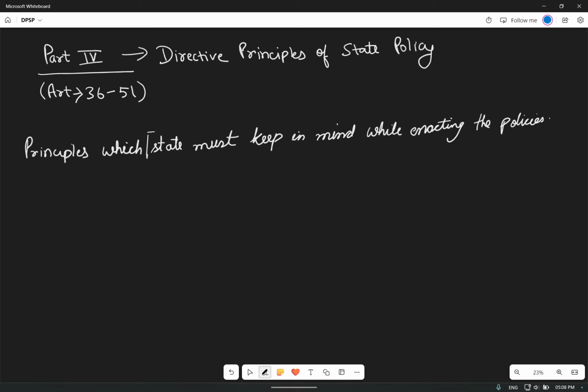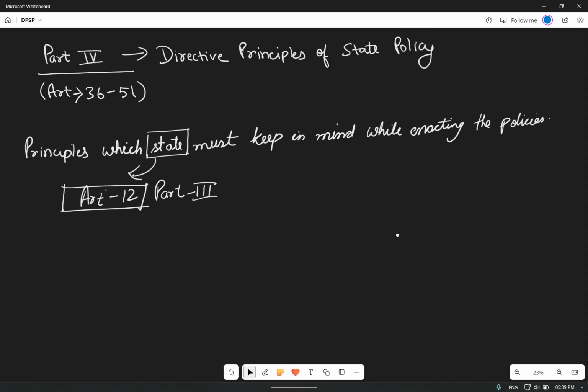And this definition of a state we have seen in which article? Article number 12, that is present under Part 3 of the Constitution.